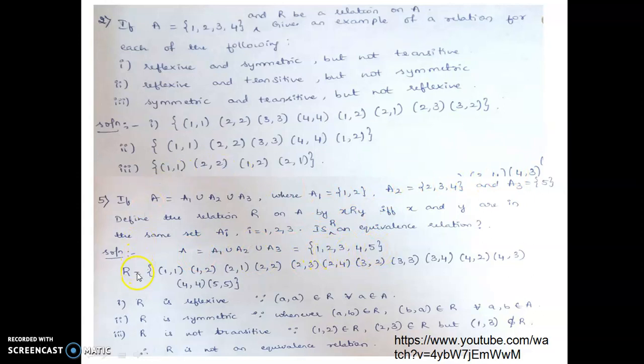And when you need to form a relation, you have to consider all the combinations from 1 to the last, 5. So that is 1 1, it will be 1 x R y, that is, there is no criteria given like x is a multiple of 2, and there is no criteria given over here. 1 1, 1 can be related to 2.